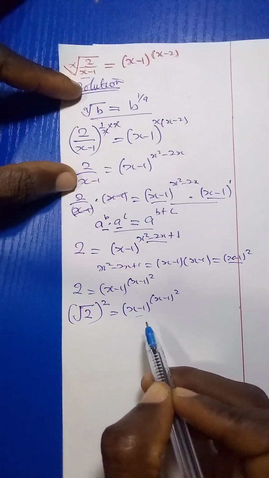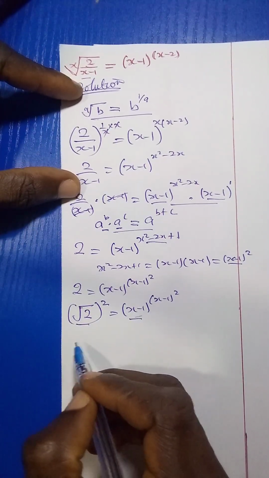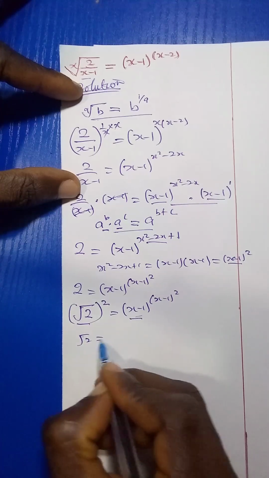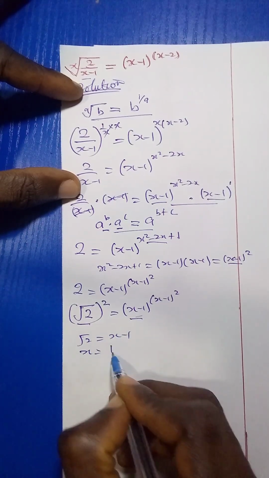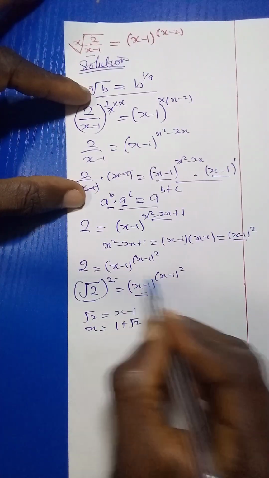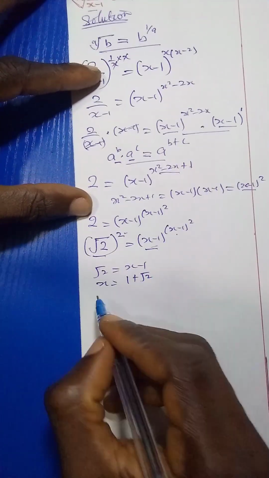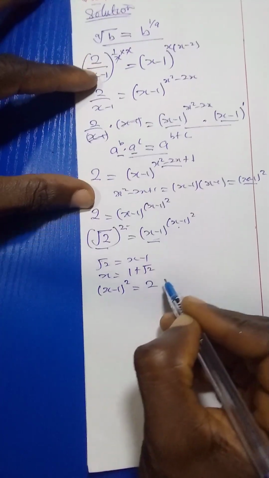So since that's the case, I can either equate the base. If I do that, I will have root 2 is equal to x minus 1, and so x is equal to 1 plus root 2. I can also equate the powers. If I do that, I have x minus 1 to power 2 is equal to 2.